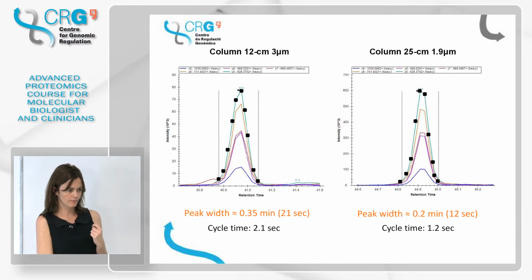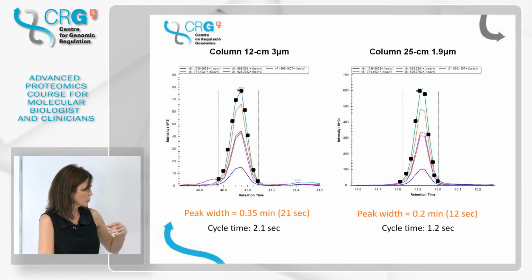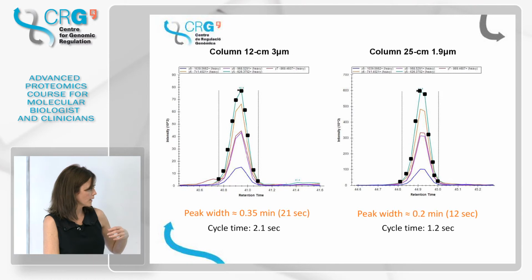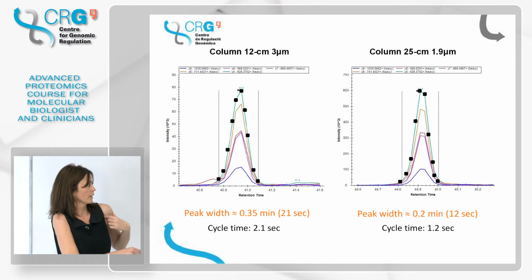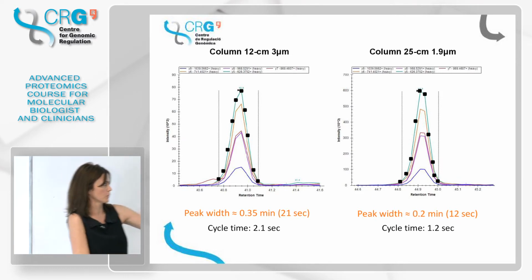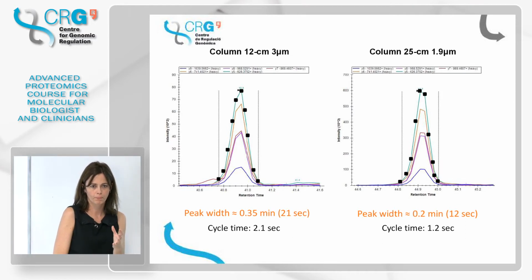Because the cycle time, this time that we have to do all the measures we want to measure or we would like to measure, it goes from this point to the next point. So here we have more time. We can measure more transitions than here. On the other hand, this chromatography is going to be better because we have a longer column and smaller particles. So it's a balance.